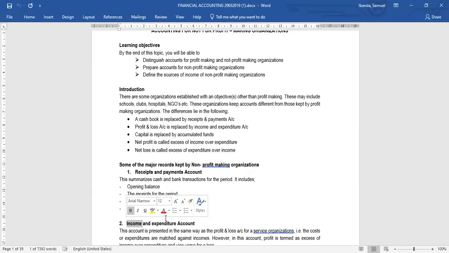By donations, I mean certain people or organizations may donate to this non-for-profit in terms of charity contributions. But we could also have, for example, subscriptions. Now, a non-for-profit can also be sort of like an association. And associations have members that subscribe to those associations.